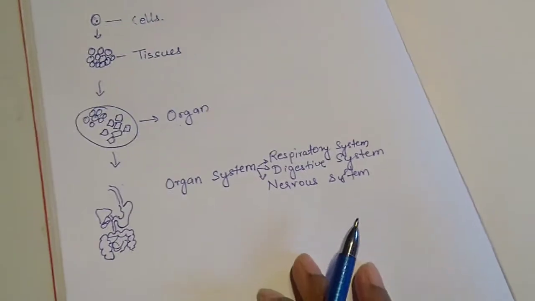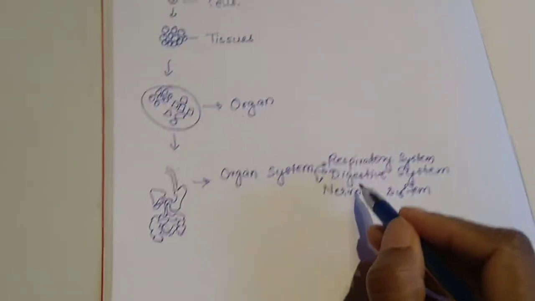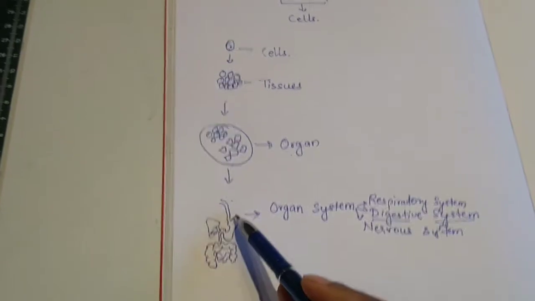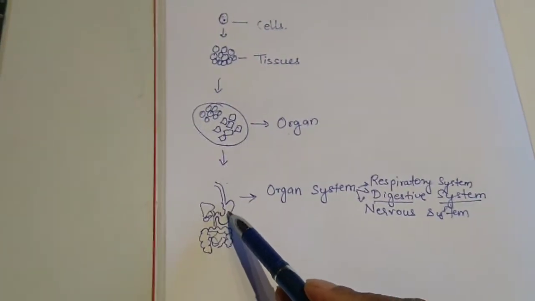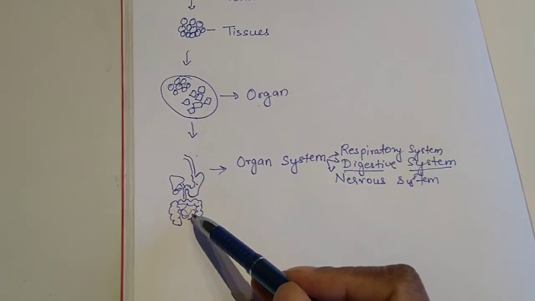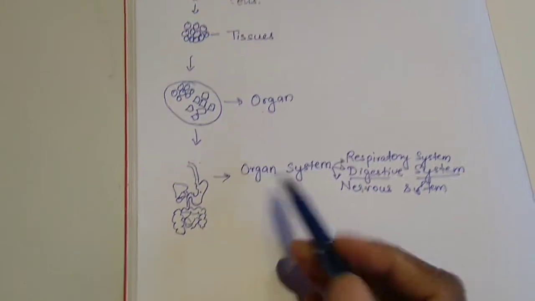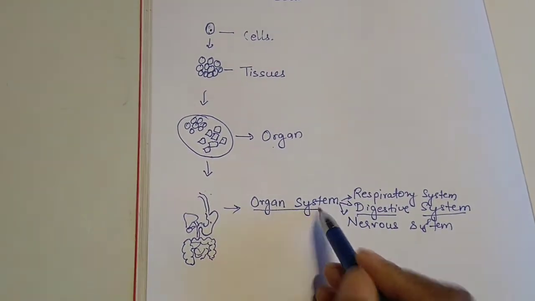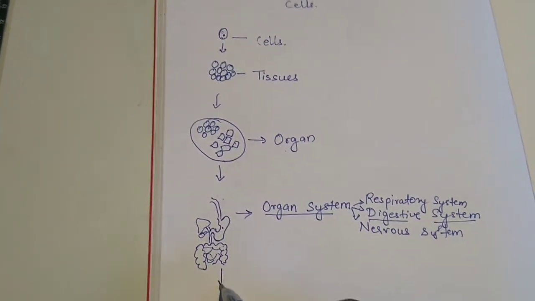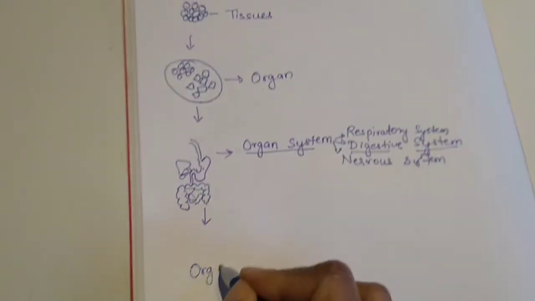So if you see in this organ system, which system is it? It's the digestive system. We have different types of organs like the stomach, liver, large intestine and small intestine. So all these different types of organs join together to form a particular organ system. Now different types of organ systems join together to form a full organism.